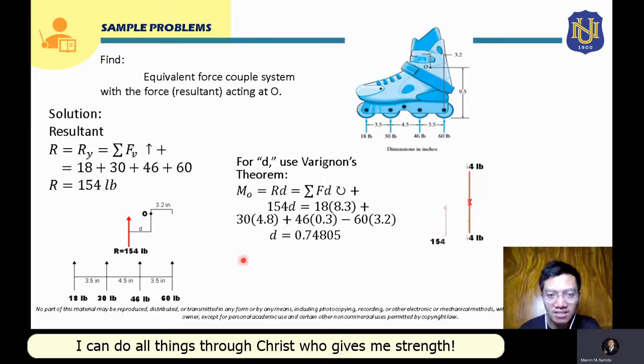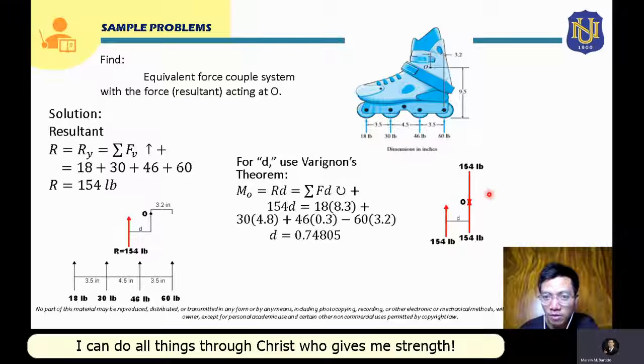Now, since we have distance D, our goal here, class, is to transfer this resultant R to point O. So transferring this 154 pound to point O, let's say we transfer it here. Since we transfer it here, we have to add a force that is opposite in direction and also equal in magnitude.